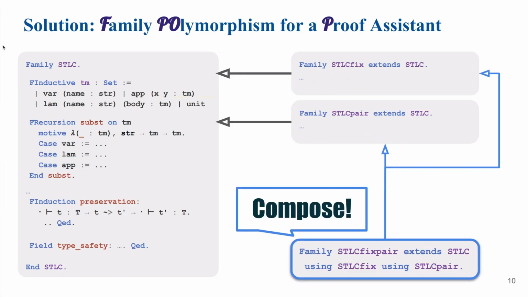Moreover, derived families are readily composable for creating larger extensions that combine the functionalities of the individual extensions. For example, STLC fix pair is declared as an STLC extension that mixes STLC fix and STLC pair.